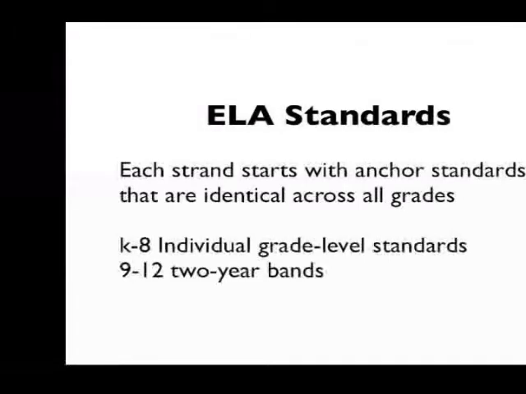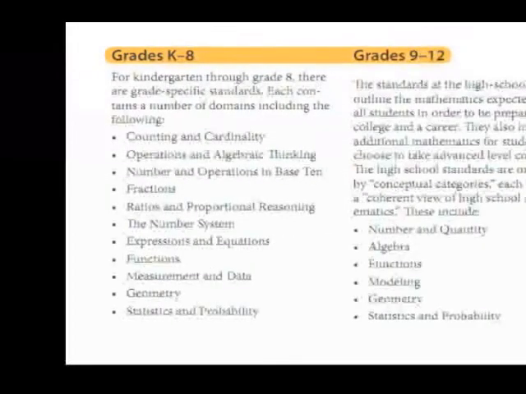Both the math and the language arts standards spiral in difficulty, meaning these standards start in kindergarten. And in kindergarten, they start off at a basic level, spiral, spiral, spiral, all the way through until you hit the 9-12 grade bands. So they build in sophistication, but they are focused on those anchor standards. Here is the math, kind of the big categories.